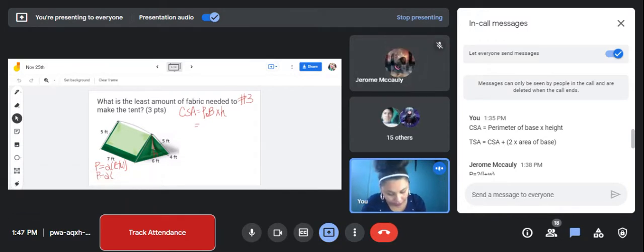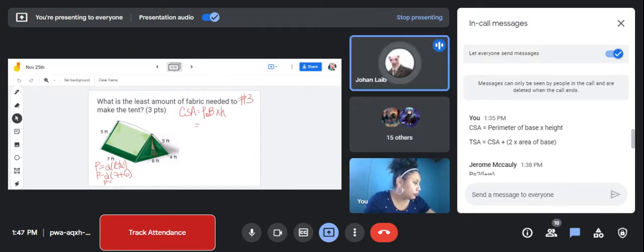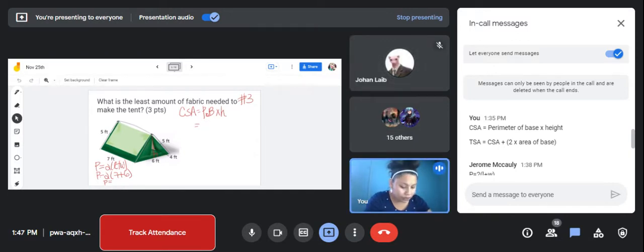And the width? 6. Very good. So what is the perimeter?